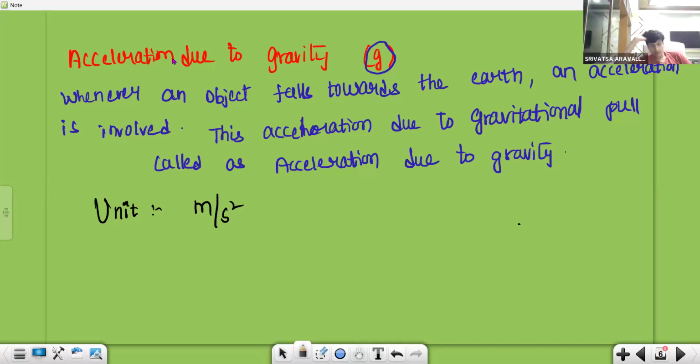When an object falls freely, it is happening due to gravity, due to gravitational force. The object is falling towards the earth, so the object is a free fall object, and the motion is free fall motion. Yeah, it is free fall.